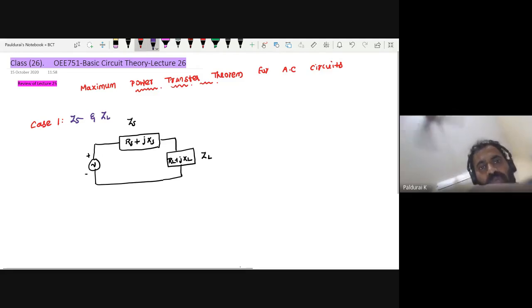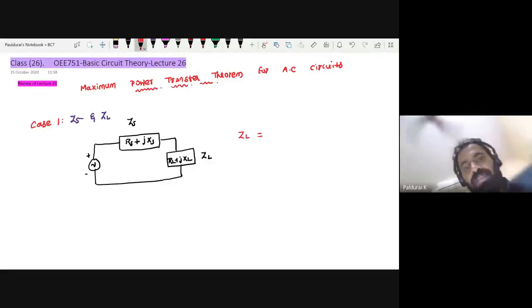Now, what is the condition for the maximum power transfer theorem? If both are impedances, what is the condition for the load? The load impedance should be the conjugate of ZS. So ZS conjugate. And what is the power?